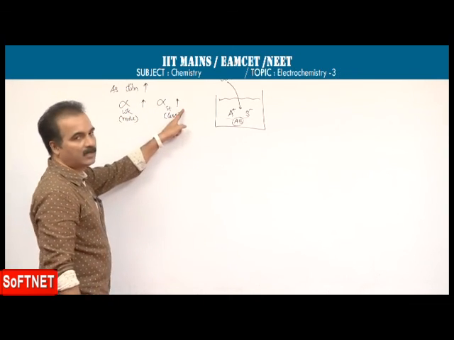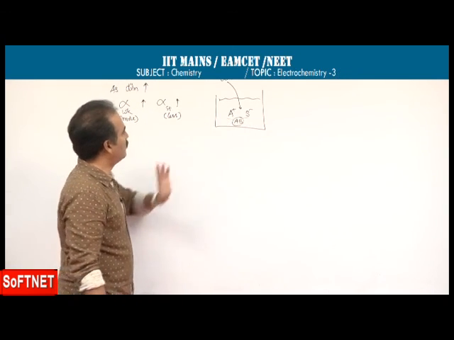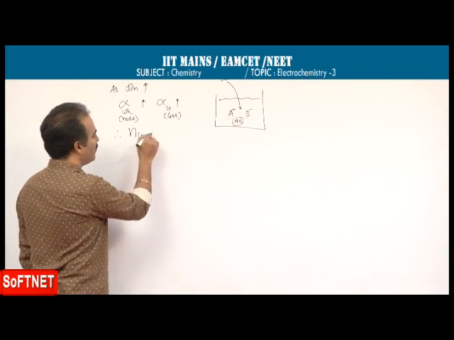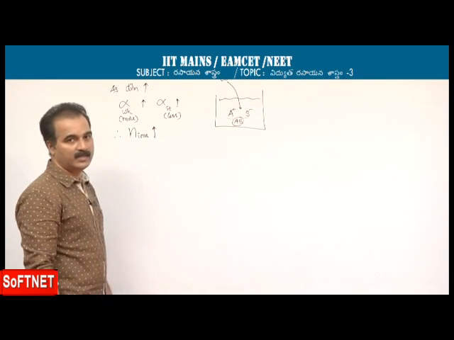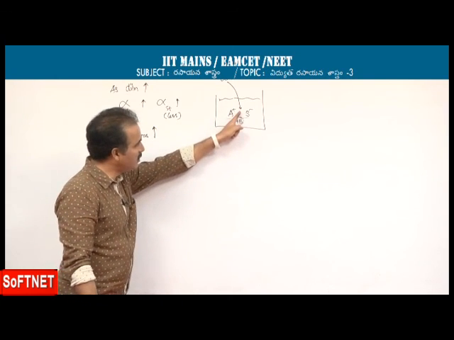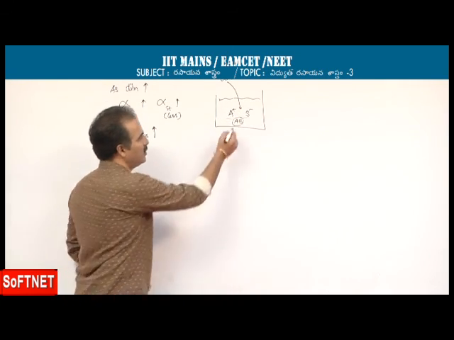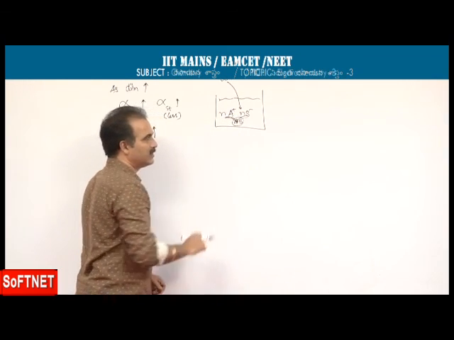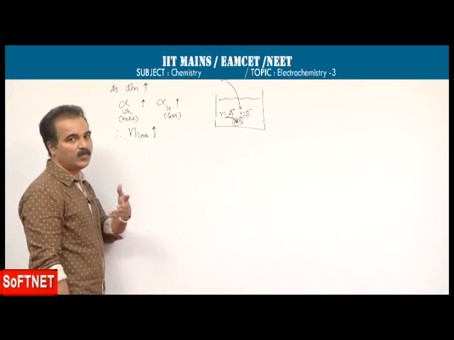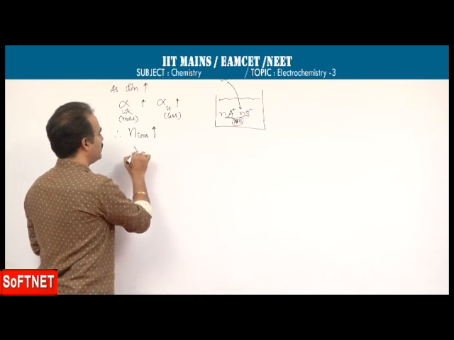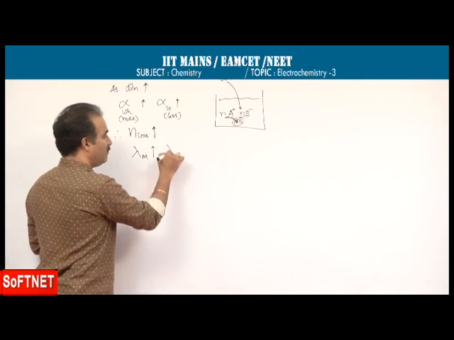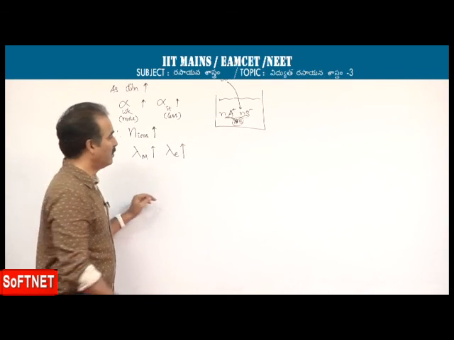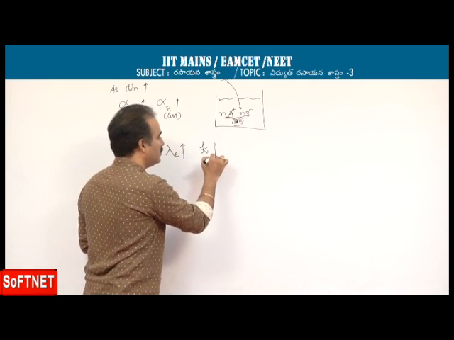So, both are increasing and producing more number of ions. So, as dilution increases, degree of dissociation increases, automatically number of ions also increases. As the number of ions increases, molar conductance increases. If it is equivalent conductance we are measuring, that also increases, but specific conductance decreases.